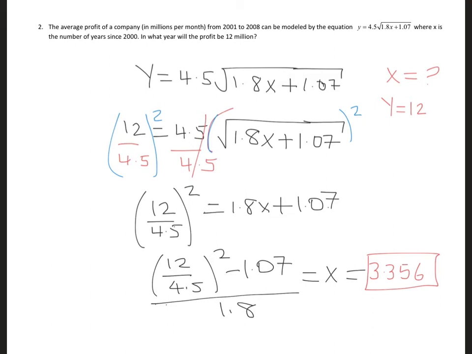So it is past 2003. So it's going to be in 2004. That is the year, because it's going to be the end of 2003, so between 2003 and 2004.